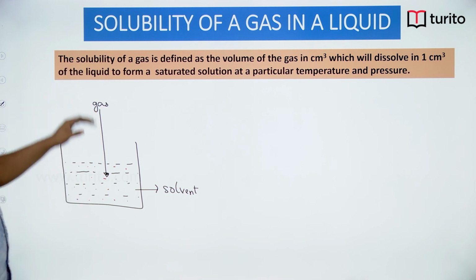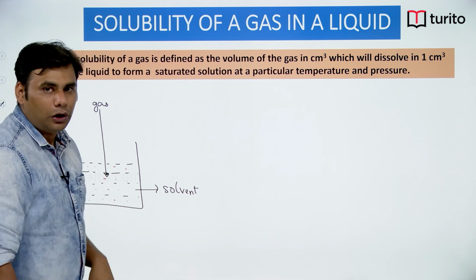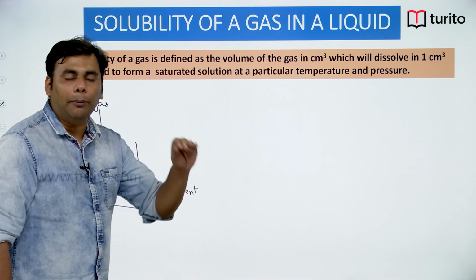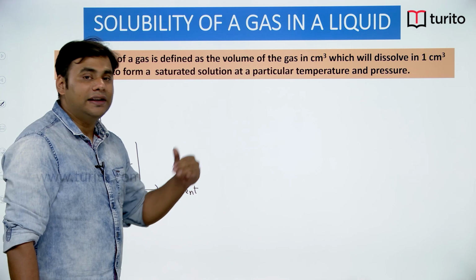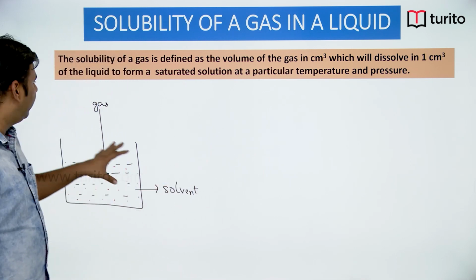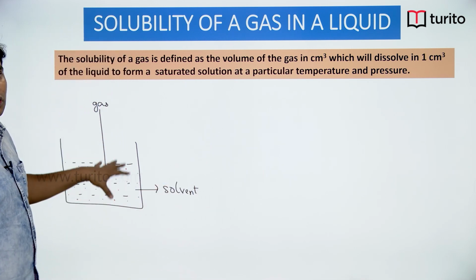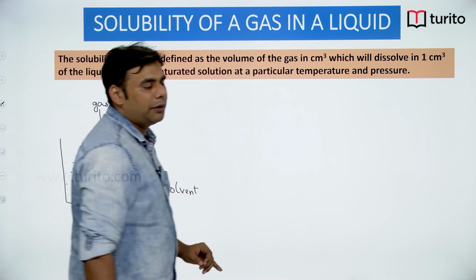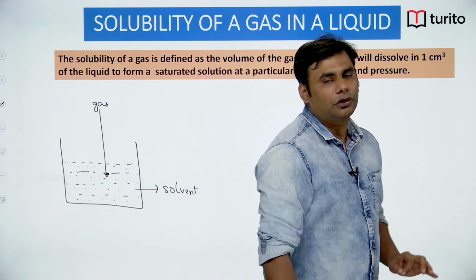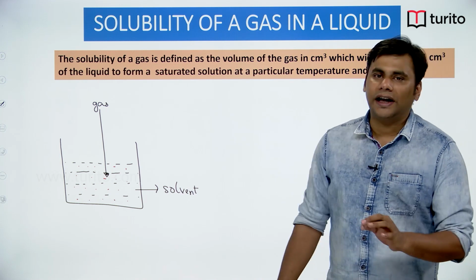Okay, so the first point which I will describe over here is the solubility of this gas in the solvent. So basically solubility of a gas in a solvent is defined as the amount of gas, in centimeter cube, which will dissolve in 1 centimeter cube of the liquid to form a saturated solution at a particular temperature and pressure is called the solubility of a gas in liquid.